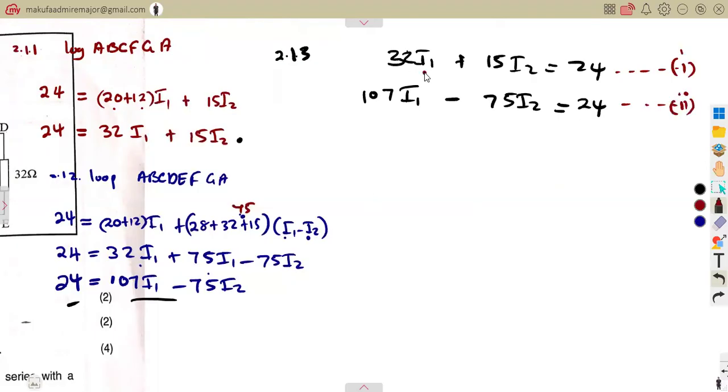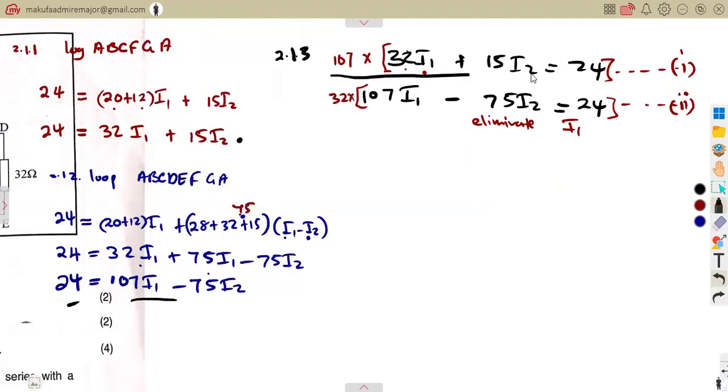So I want to eliminate I1, so I'm going to use the elimination method. In order for me to eliminate current 1, I interchange the values that are on current I1. So 107 multiplies everything on top, and 32 multiplies everything below, so that we can make sure that these two are the same.